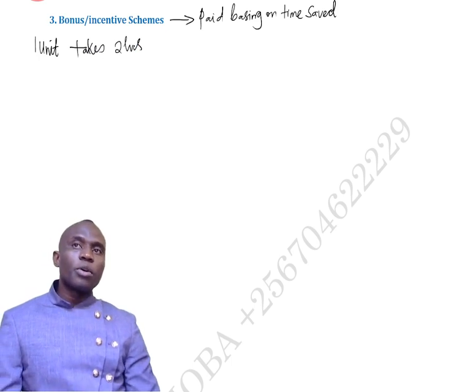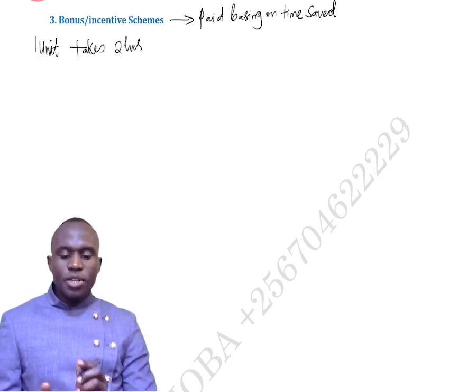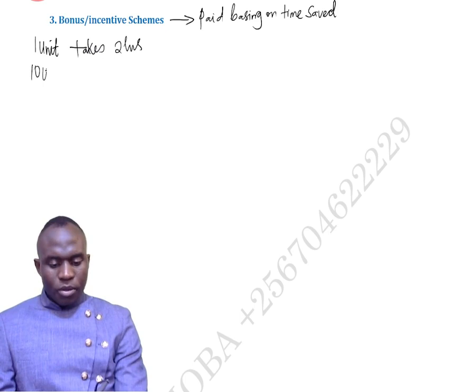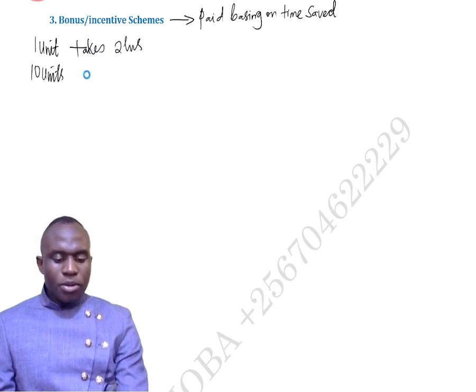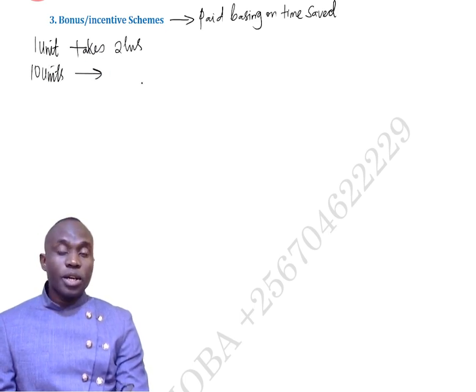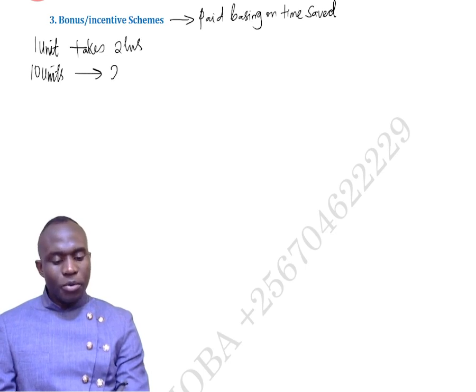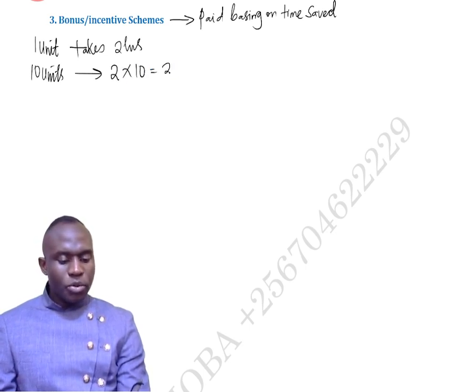So if someone produces 10 units, it means the person is supposed to take 20 hours. So the expected time would be 2 times 10, which is 20 hours. So the 20 hours is what we call the expected time.